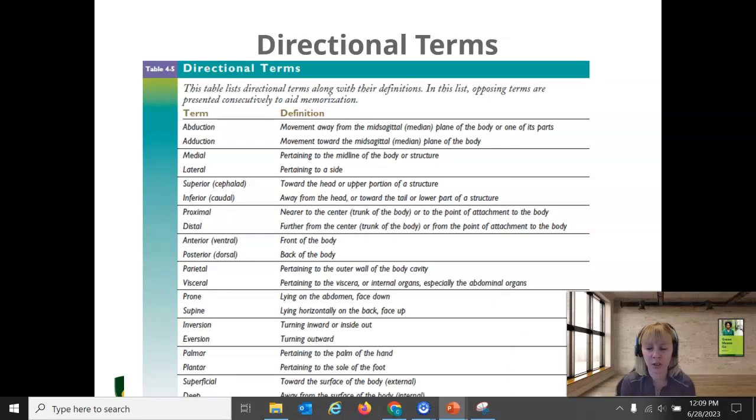There are terms that are used to locate the position of structures, surfaces, and regions of the body, but they are always relative to the anatomical position.